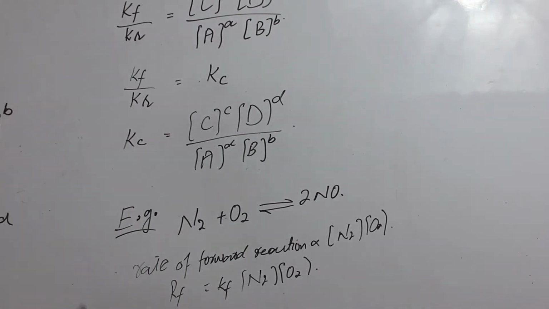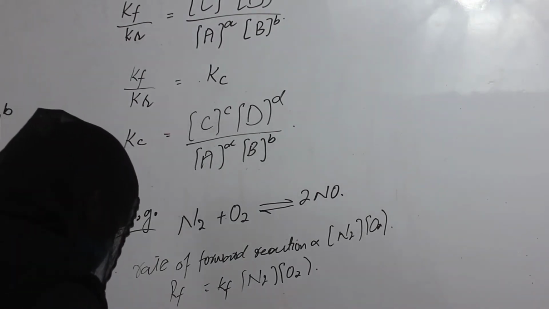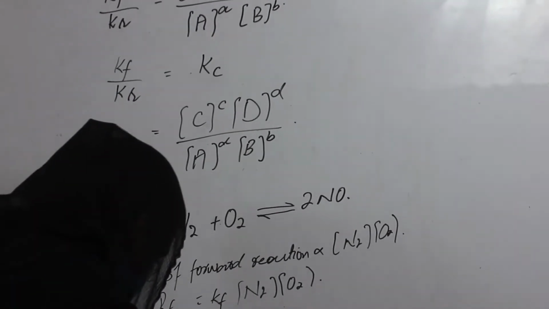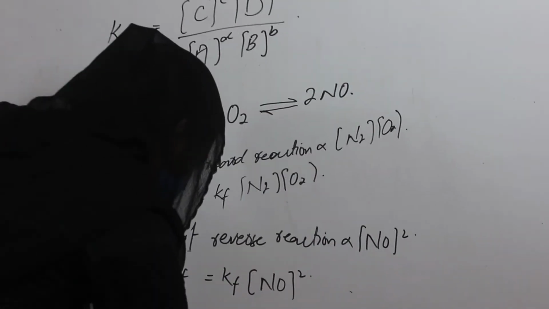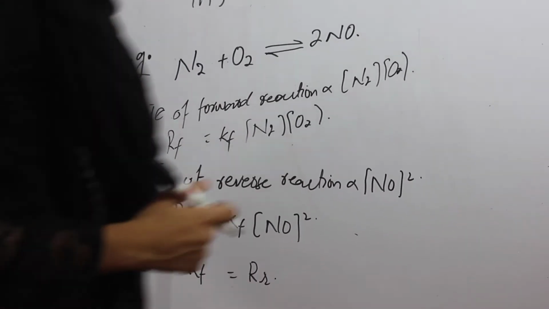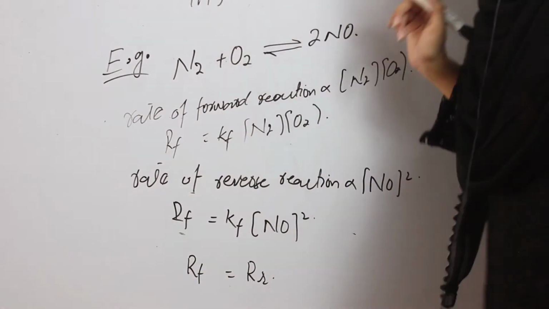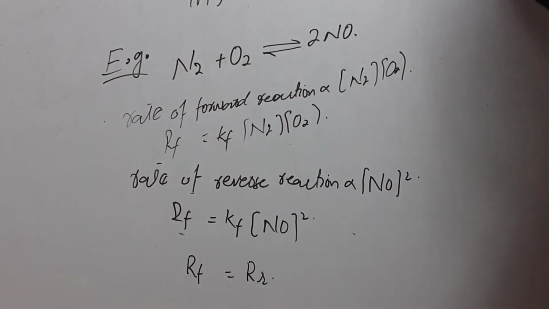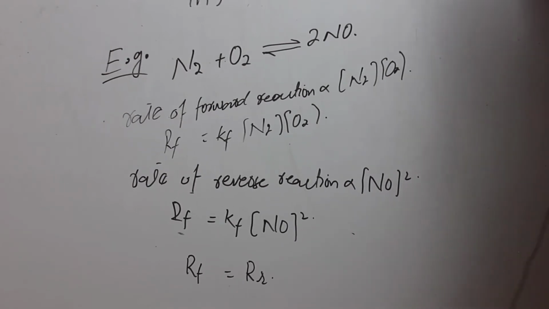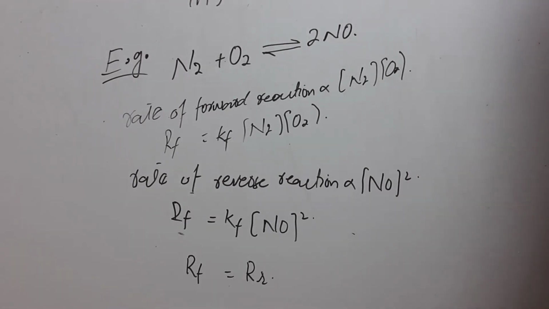And again we apply the equilibrium condition. By putting the values of the forward and the reverse reaction, Kf times the reactants equals Kr times the products, and again we apply the cross exchange method.